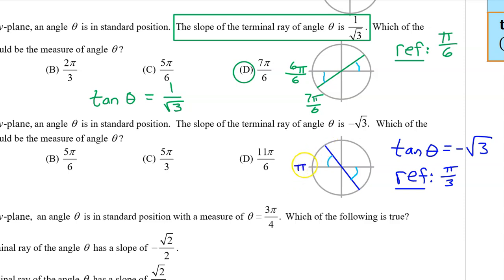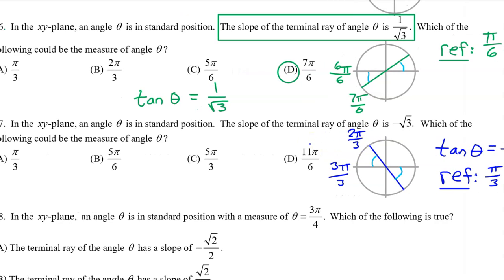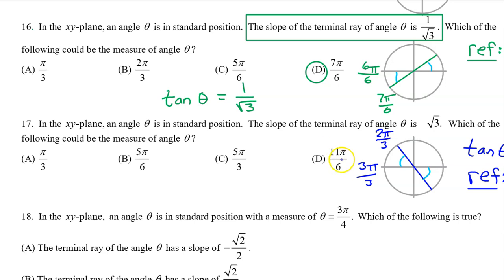Since pi is right here, and looking at the reference angle, we can think of pi as 3 pi over 3. This angle will be pi over 3 less than 3 pi over 3. So this angle in the second quadrant is 2 pi over 3. So this is one possible answer. Let's look for it. Nope, 2 pi over 3 is not among the choices.